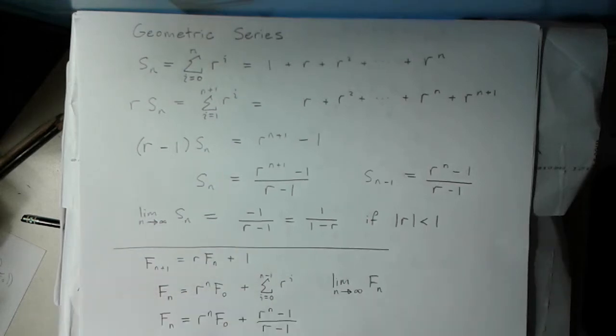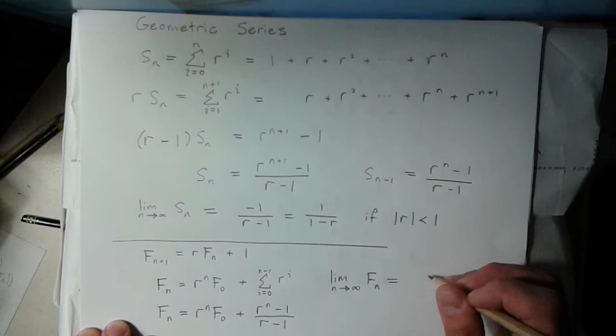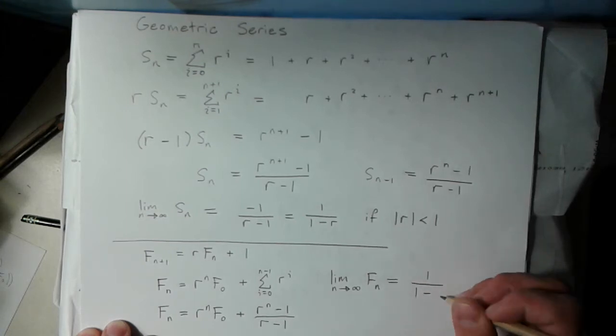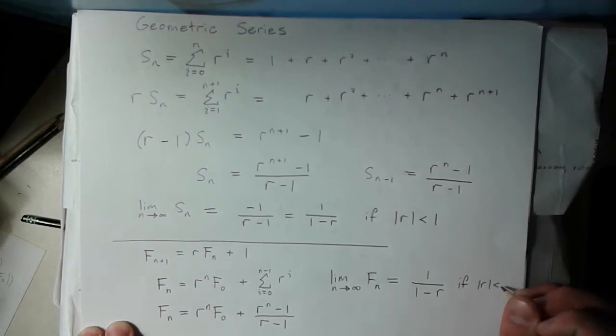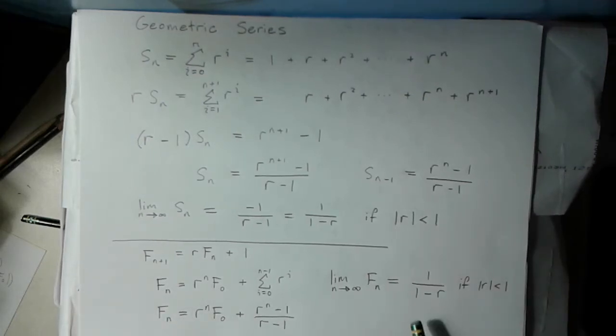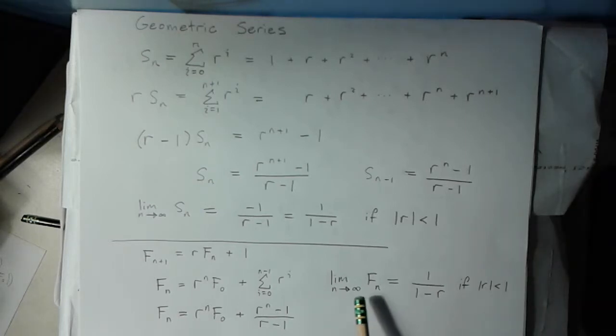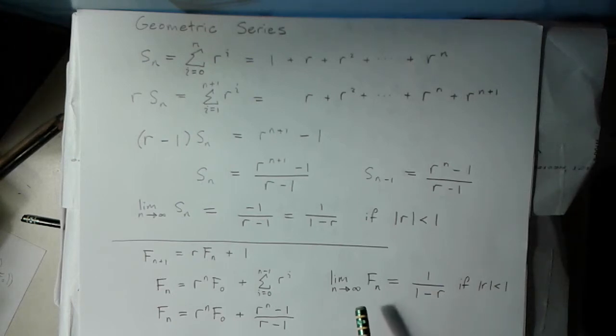So this would end up equaling 1 over 1 minus r, provided that r is less in magnitude than 1. This is pretty cool. Also notice that the limit of this sequence is not dependent at all on the start point, which is kind of cool because that means you could start the sequence wherever you want. This would be like an initial condition. You could start it at 100 or something, and no matter what, the limit of the sequence is going to approach 1 over 1 minus r.